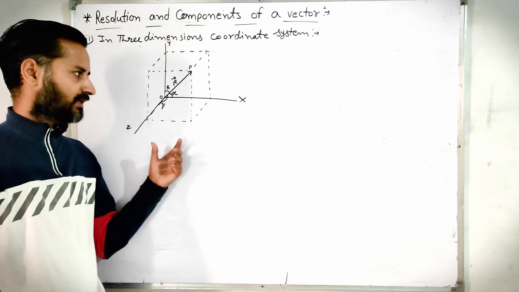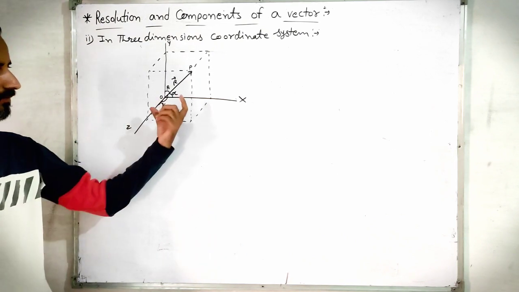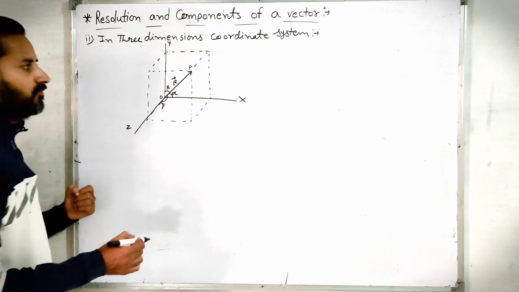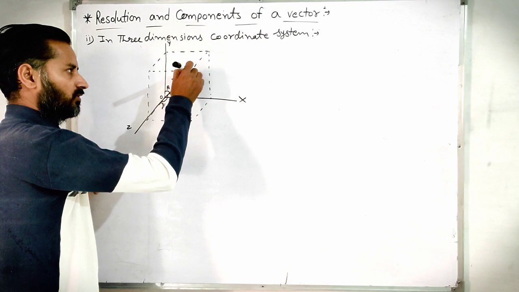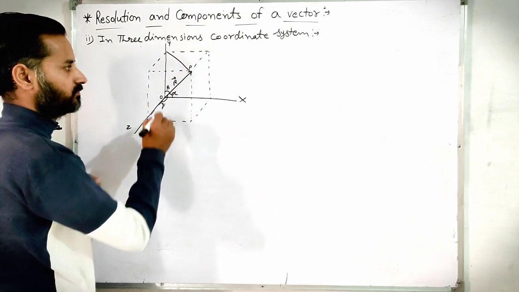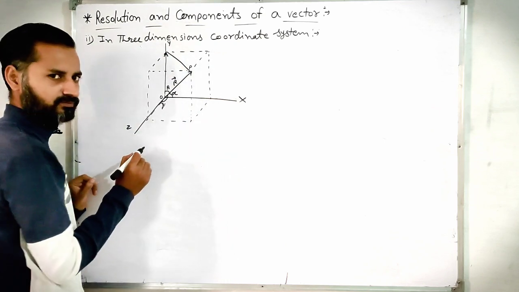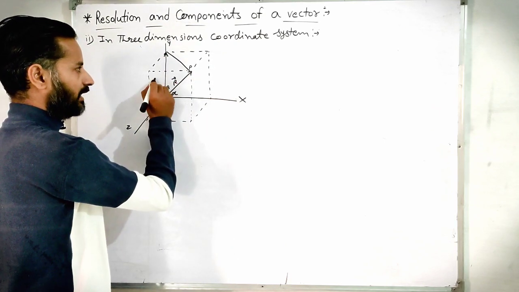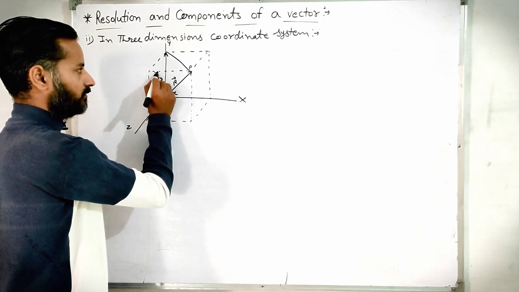Then in this case, for getting the value of the component, we will draw a perpendicular on the y-axis. By this we get this y component, and let this be our ry vector.